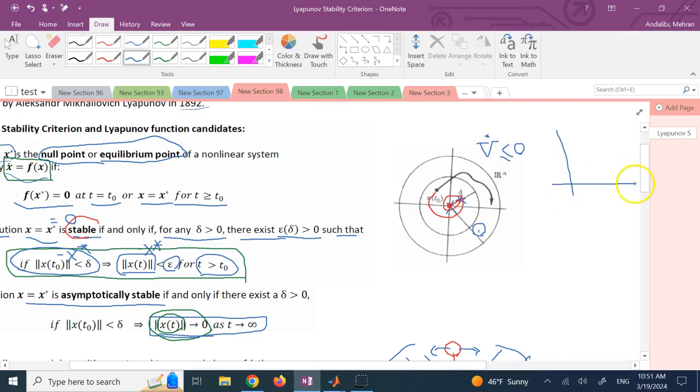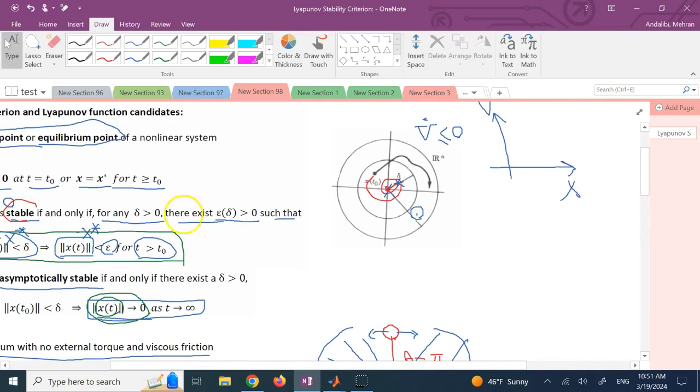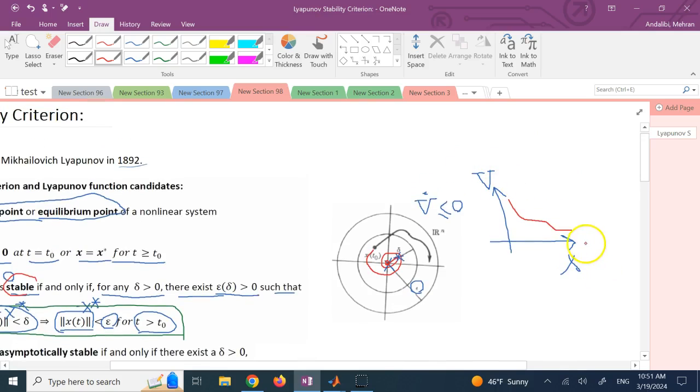So if you plot V versus time, it has to be a decreasing function, and at best in some areas it might stay constant like this, but it has to be something like that, right? And remember, this V is always positive, so it always stays above the x-axis. So what happens here?